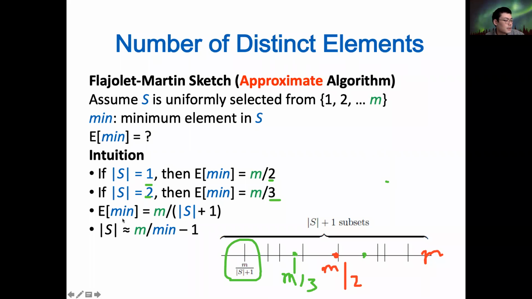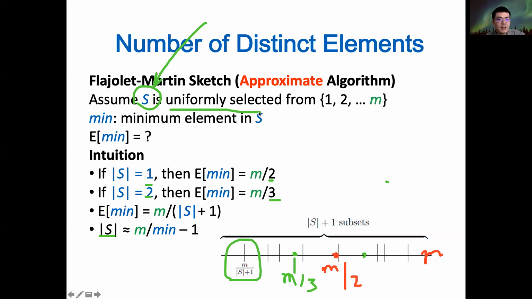So you can estimate, let's say the expectation is the mean and we really achieve this mean. Then you can compute your number of distinct elements as well. We're assuming that this S is the set of distinct elements that you sample from all the n, and it's uniformly distributed. Right now, we assume it's uniformly distributed.